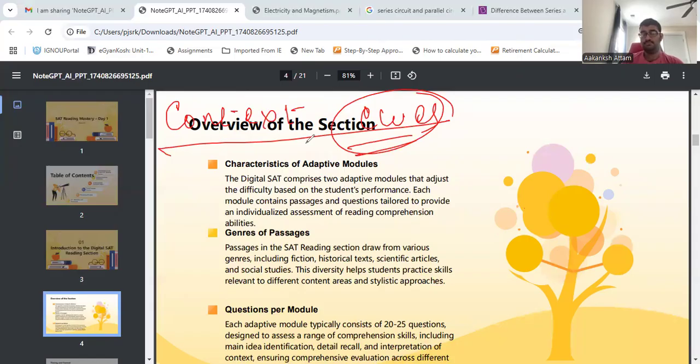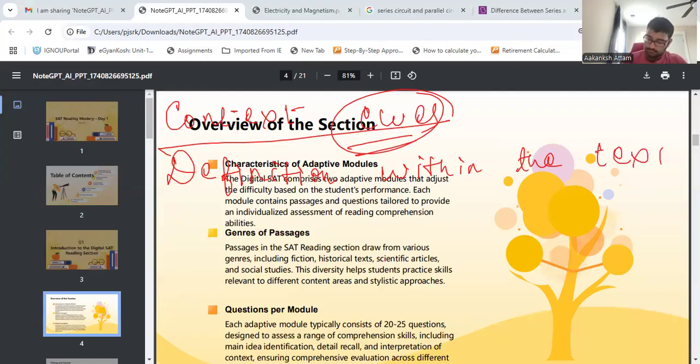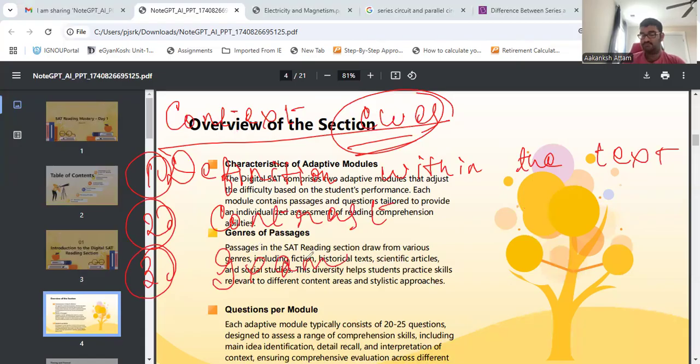Context clues. Now there are four different kinds of context clues. First is the definition within the text. That is number one. Number two is the contrast. Number three is the examples.